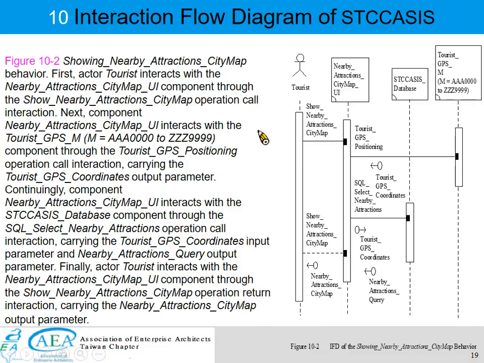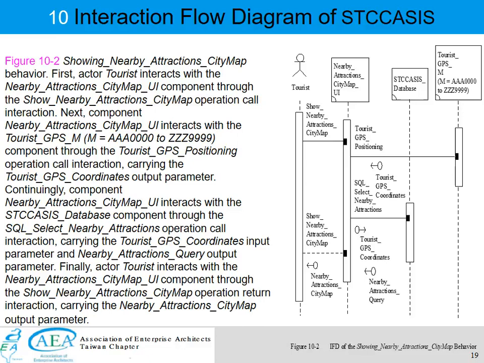Figure 10-2 is the showing nearby attraction city map behavior. In this IFD, there are 4 interactions. First, tourists will interact with the nearby attraction city map UI component. Then, the nearby attraction city map UI component interacts with the tourist GPS component to get the tourist GPS coordinate output data.